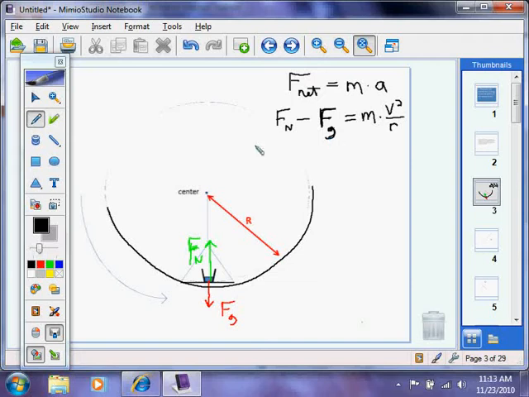So we could rewrite this one more time. The normal force minus m times g, the weight coming down, equals mv squared over r.